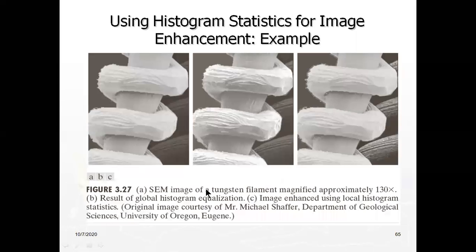So now you can see that we have here the original image of a tungsten filament, so to say, we have a bar over here to which this tungsten wire is wound.